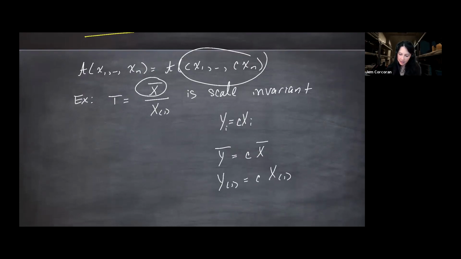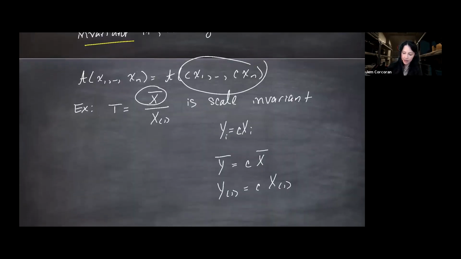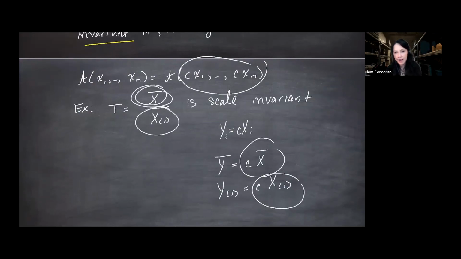And if I divide this by this, I get the same thing as dividing this by this. So it's a scale invariant statistic, this guy. And so what we're going to prove next time is that if you have a scale parameter, any scale invariant statistic is ancillary. And same thing with this other thing called a location parameter.